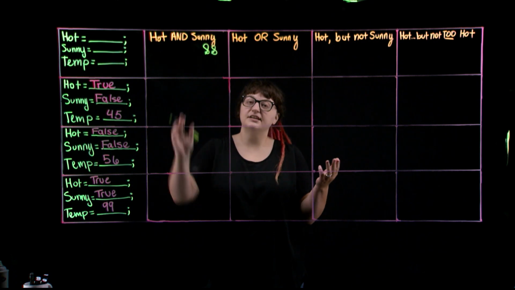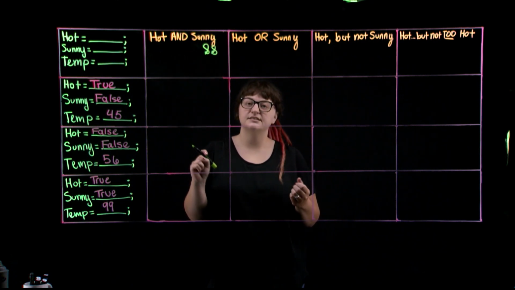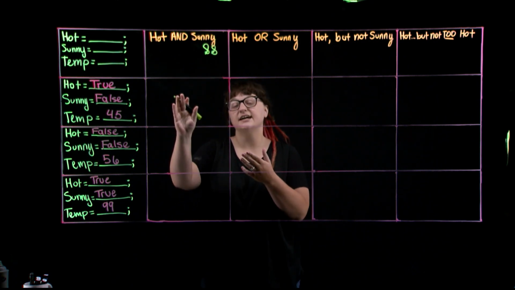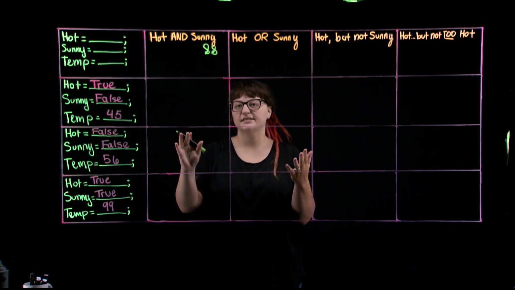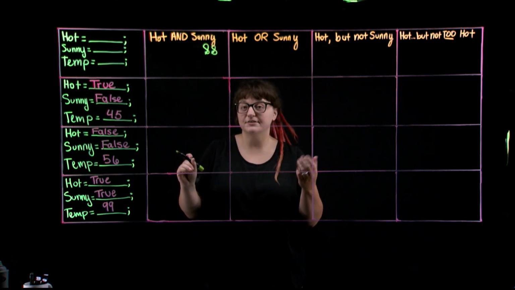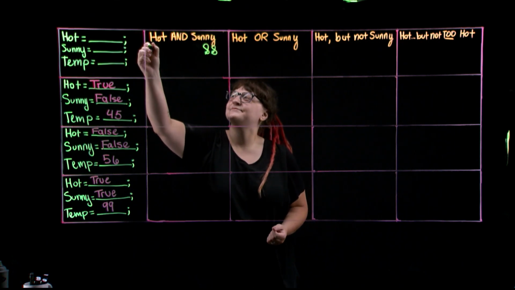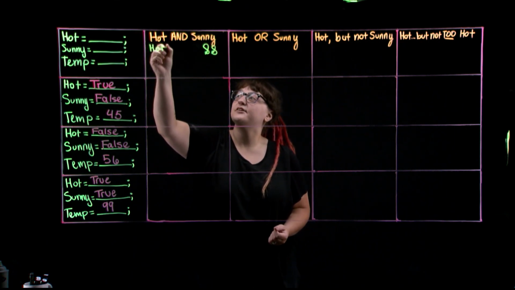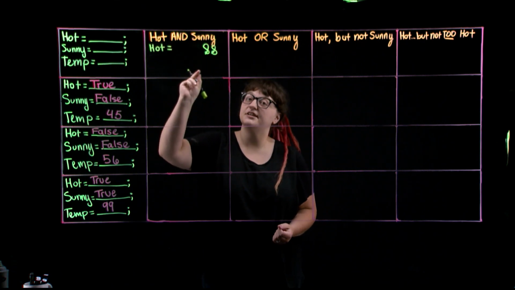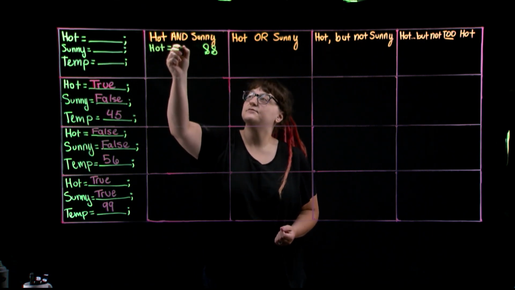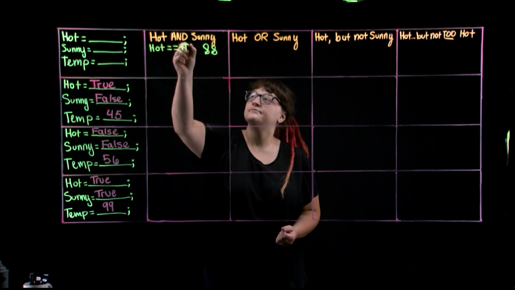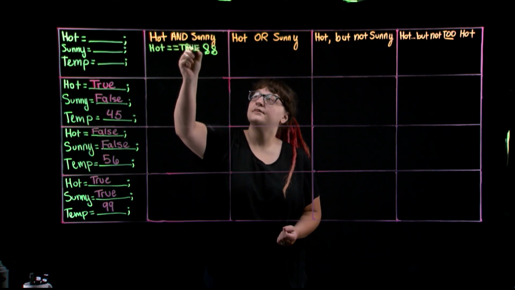But now we have to put a condition on each side of this. So starting with hot, in this context, we want it to be hot. Or we want hot to be true. It would be another way to say it. So I'm going to write that out like this. And remember, when we do an evaluation, we need that double equal sign. Okay?